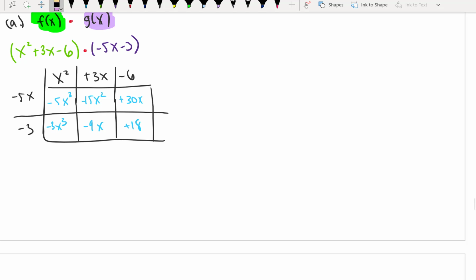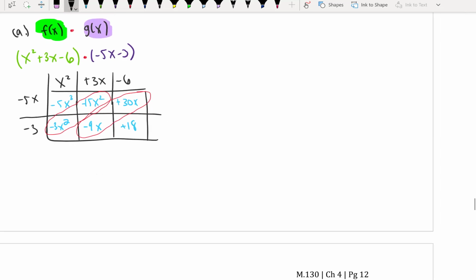And the lovely thing about this is that I made a mistake, and I'm very easily able to see what my mistake is. My mistake was here on my exponent. A negative 3 times a positive x squared is going to be a negative 3x squared. So that's a perfect way of letting you know that if your diagonals aren't adding up with the same terms, just go back and double check what you have written.